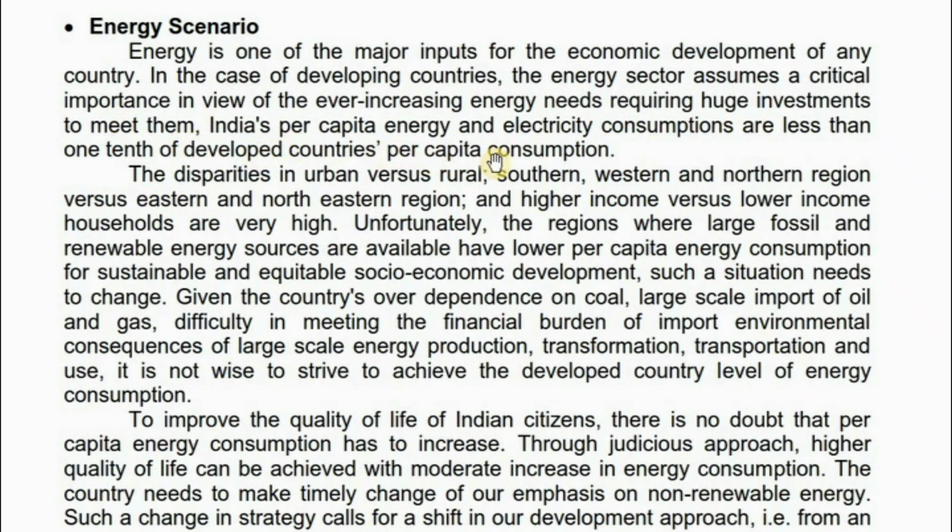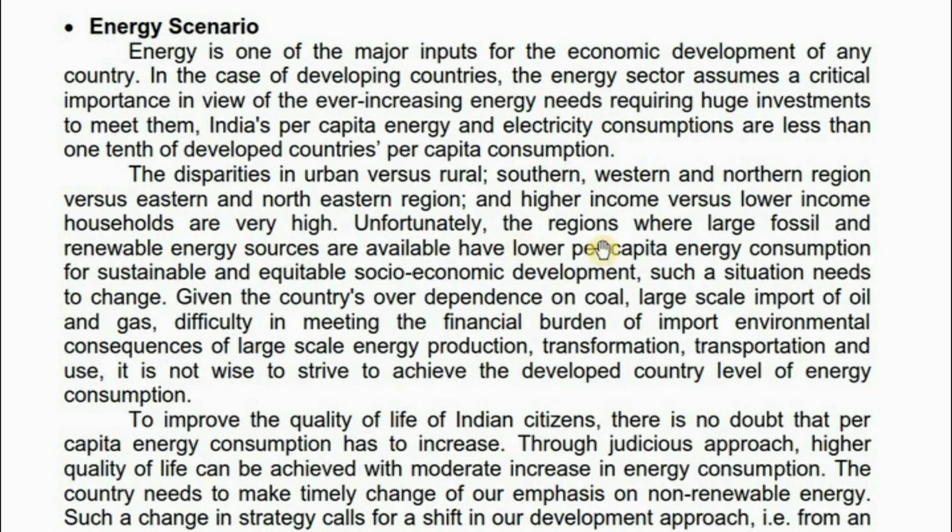India's per capita energy and electricity consumption are less than 1/10 of the developed countries' per capita consumption. The disparities in urban versus rural, southern, western and northern regions versus the eastern and northeastern region, and higher income versus lower income households are very high.